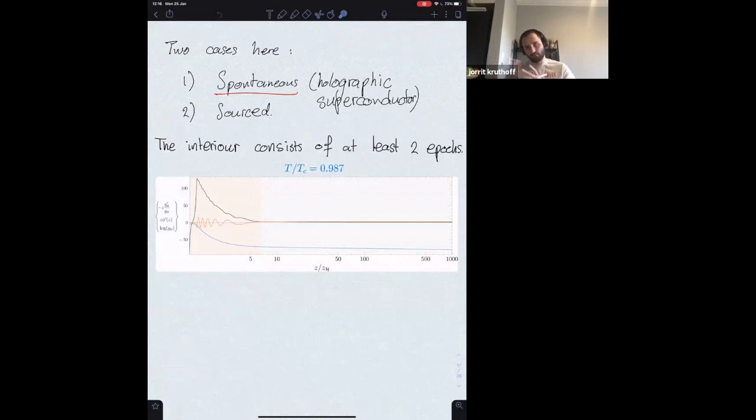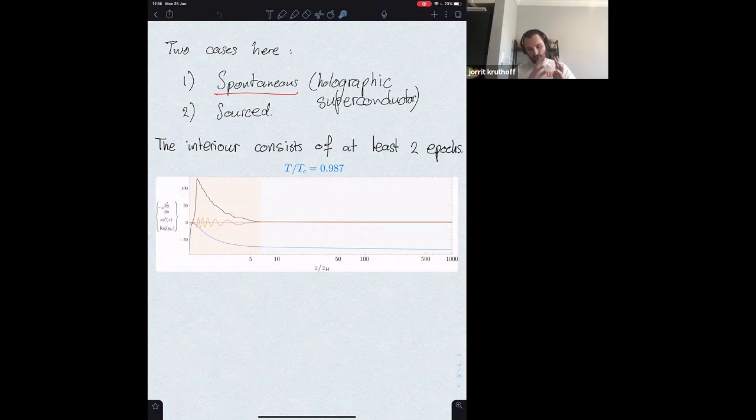And so on the dual side, the field theory side, this is a phase of matter that's the holographic superconductor. And on the bulk side, this is reflected by the fact that there can be a lump of scalar charged matter in the bulk that is stabilized by the gravitational pull and the electric repulsion from the horizon.